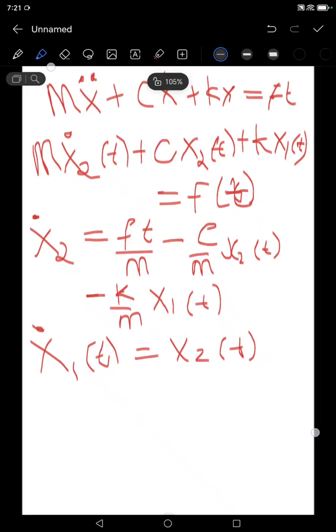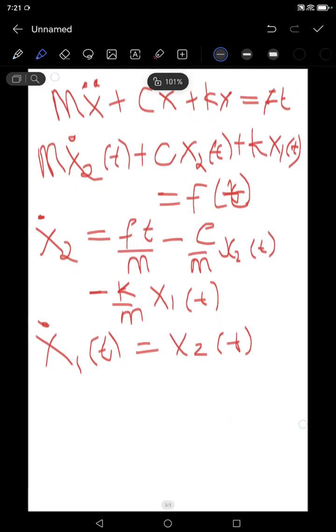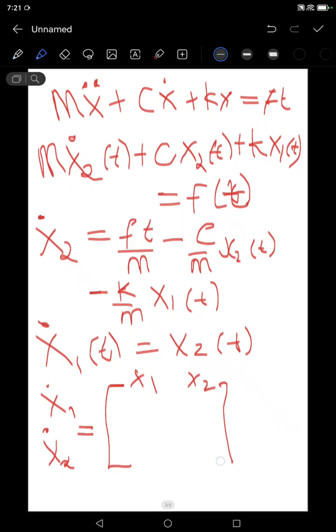To write our equation in a matrix form, we're going to write it like this. We're going to have x1 dot and then x2 dot, equals, into x1 and then x2, like this. Plus this side is going to be for the force.